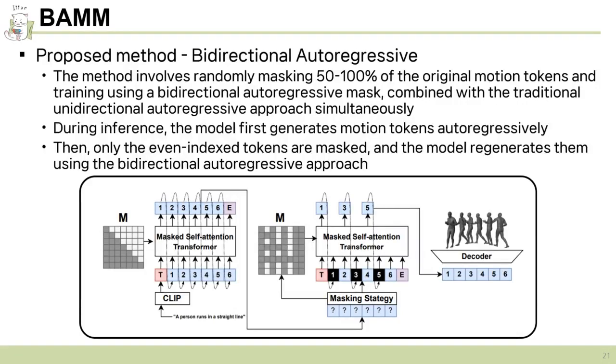In inference, the model first generates motion tokens autoregressively. After that, even-indexed tokens are masked, and the bidirectional approach is applied to refine the motion. This two-step process enables the model to handle scenarios where ground truth motion lengths are unavailable while maintaining high quality and coherent motion sequences.